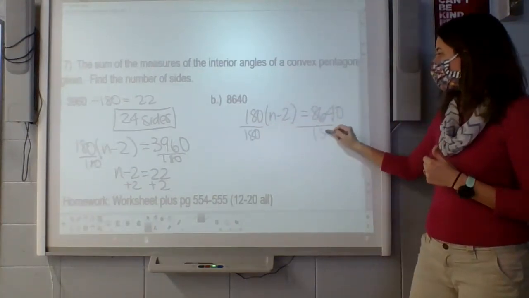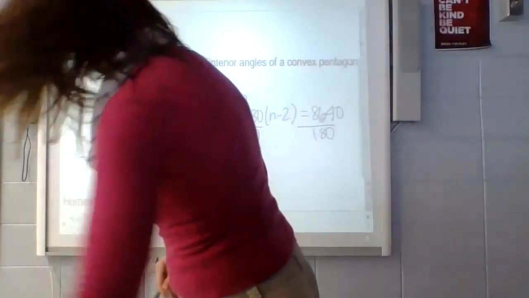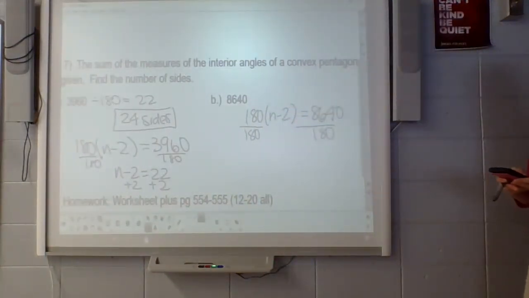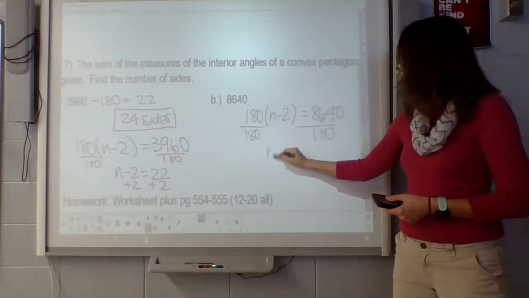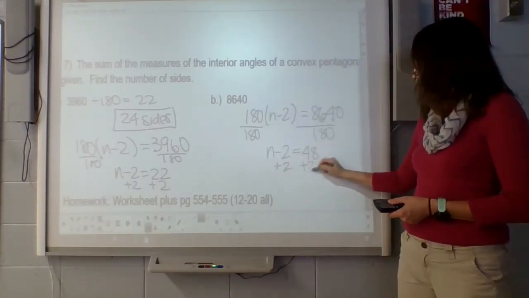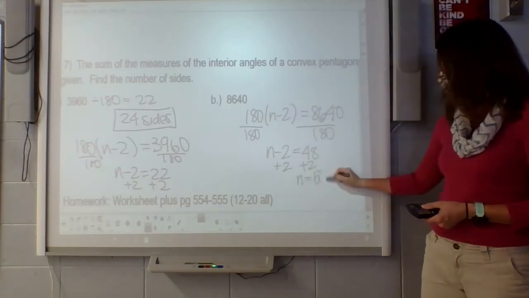You divide by 180. You get 48. Then I'm just adding 2 to find that the number of sides is 50.